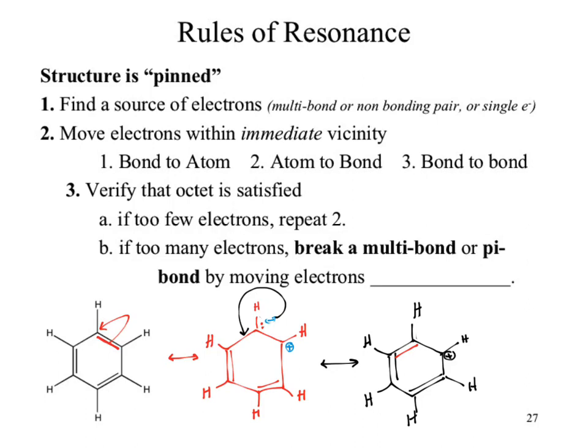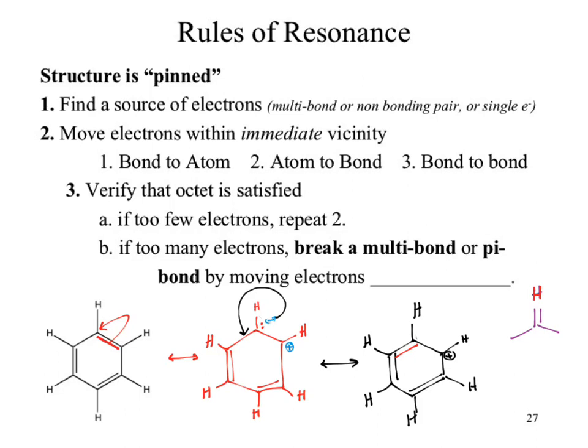I'm going to break a multiple bond. In the case when I had the double bond to the hydrogen, how many multiple bonds were connected to the hydrogen? Do I need to draw it again? How many different multiple bonds are connected to this hydrogen? 1.